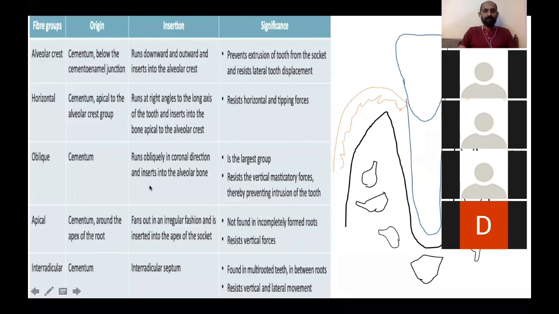So the name is alveolar crest fibers. These fibers start from the cemento-enamel junction and they run and insert onto the crest of the alveolus. They start from the cementum and they insert onto the crest of the alveolus. So these fibers are called alveolar crest fibers.